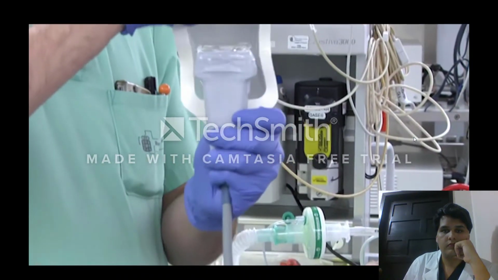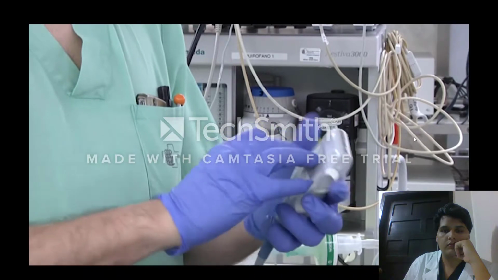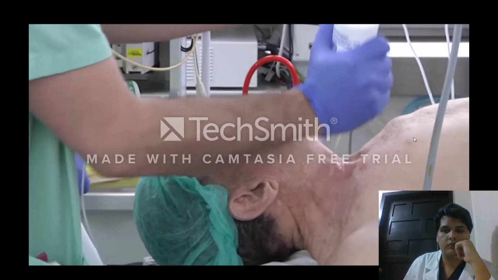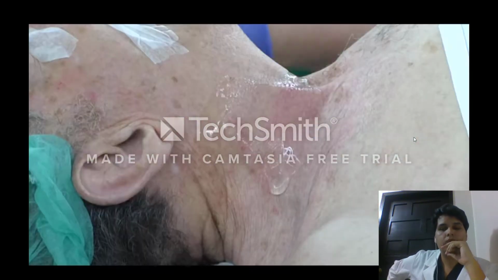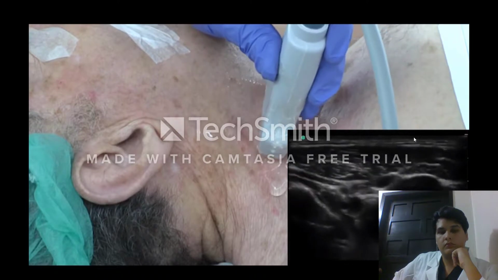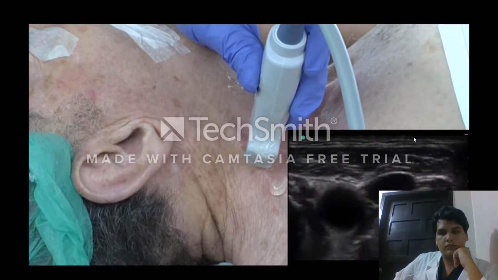Before proceeding with vascular puncture, it is appropriate to perform an ultrasound exam of the cervical region. On the short or transversal axis, the internal jugular vein is identified as a vessel anterolateral to the common carotid artery, which is compressible and non-pulsatile.